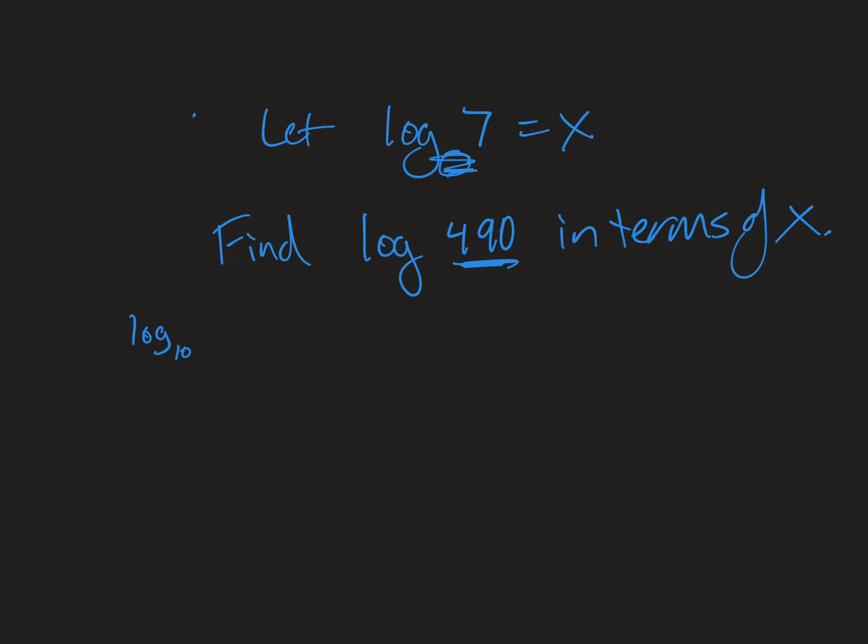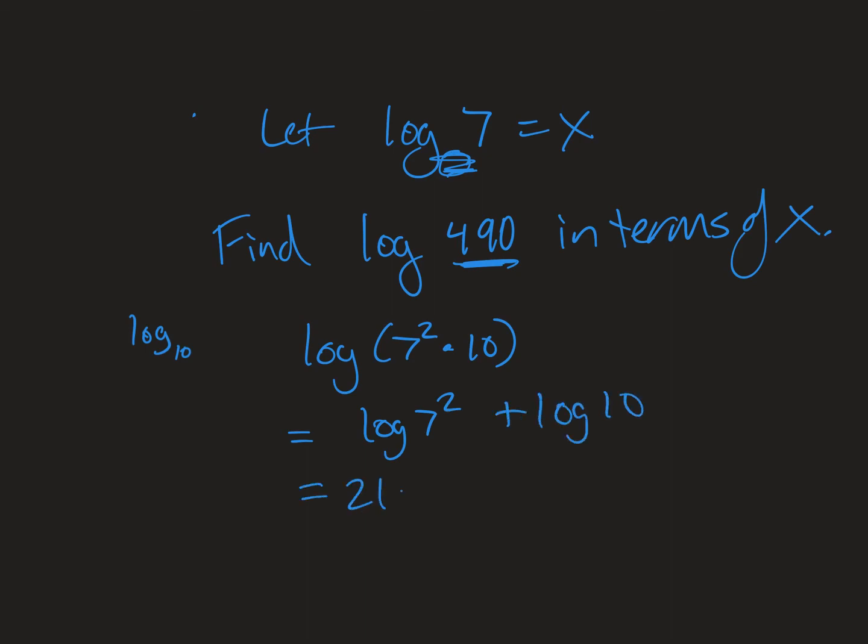Well, 49 is 7 squared. And so 490 is 7 squared times 10. Well, that actually is pretty helpful, because this is equal to log 7 squared plus log 10. Or in other words, it's equal to 2 log 7 plus log 10. We know log 7 is x, so it's 2x, and we know log 10 is 1.